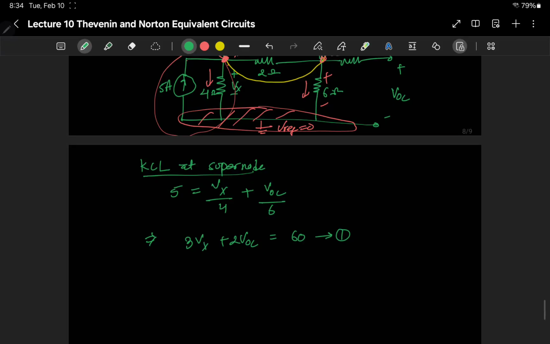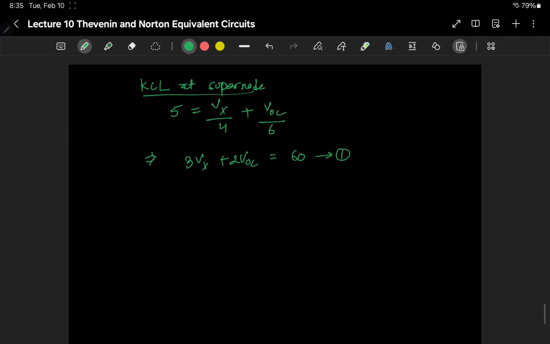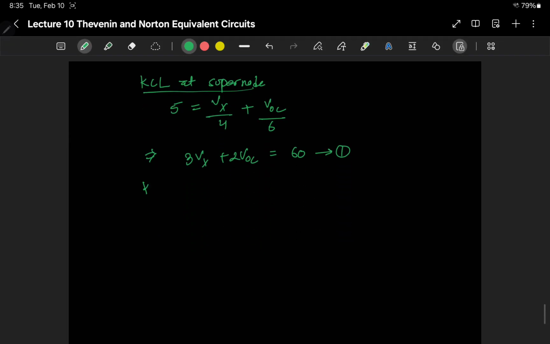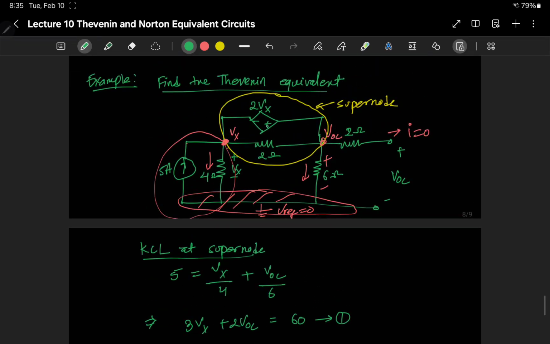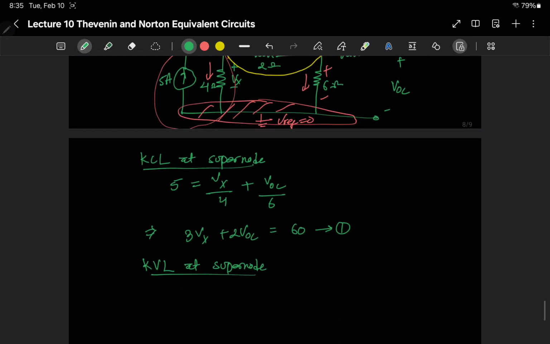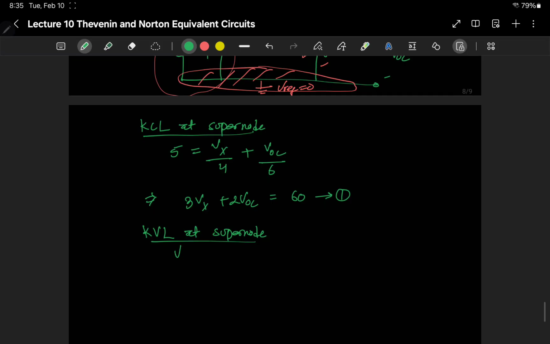And every time we apply KCL at the supernode, we also have to apply KVL at the supernode. So we'll write KVL at the supernode. And if you look into the supernode, since this side is positive, VOC minus Vx will equal 2Vx, right? That's the KVL around the supernode, right? So VOC minus Vx is equal to 2Vx, or 3Vx is equal to VOC.